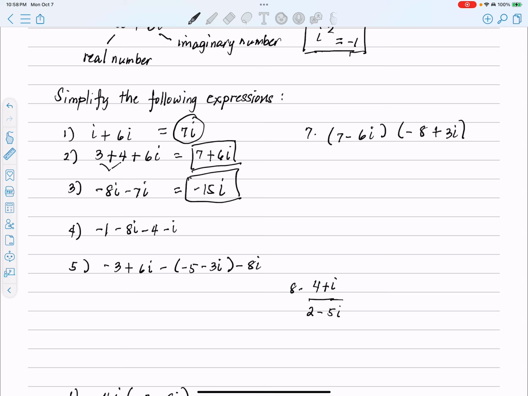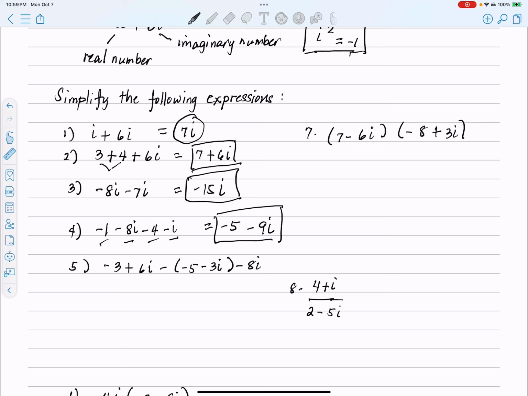Okay, let's do this. 1 minus 8i minus 4 minus i. You can combine 1 and negative 4. That is negative 3. And negative 8i and negative i, that is negative 9i.